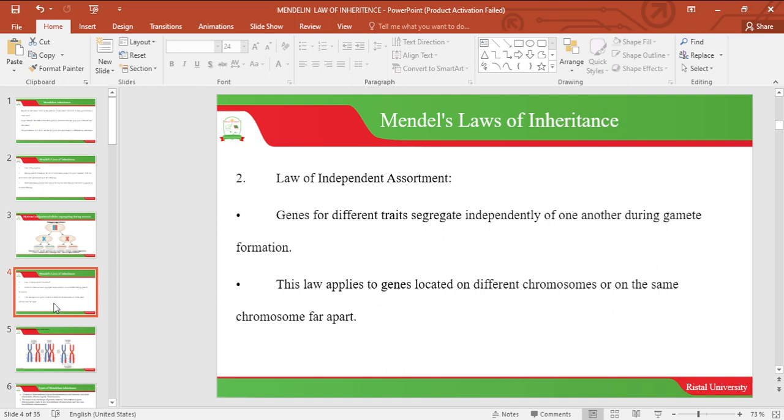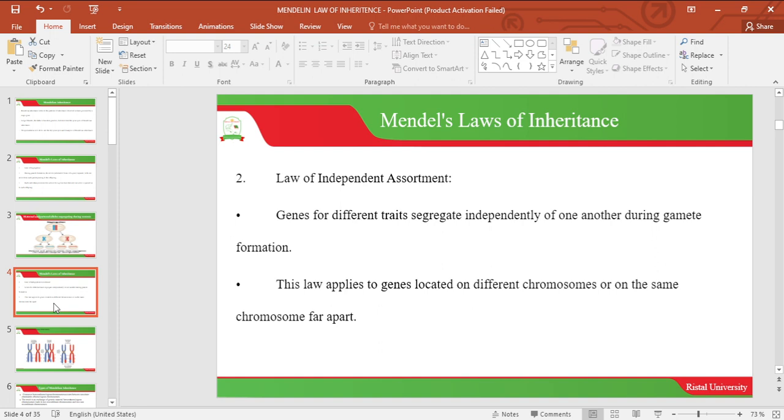The second law of Mendel is the law of independent assortment. According to this law, genes for different traits segregate independently of one another during gamete formation.